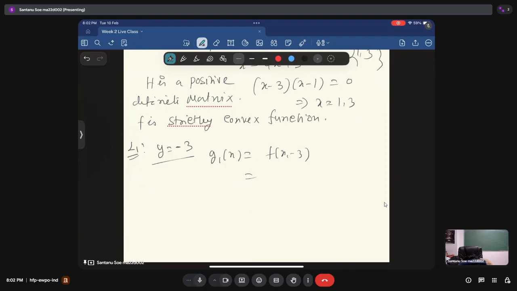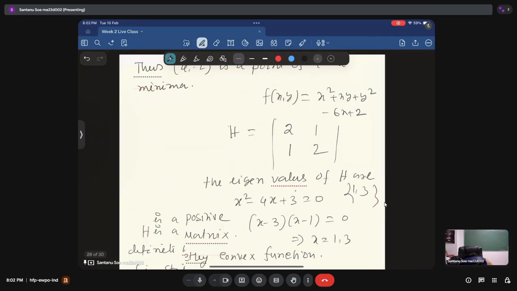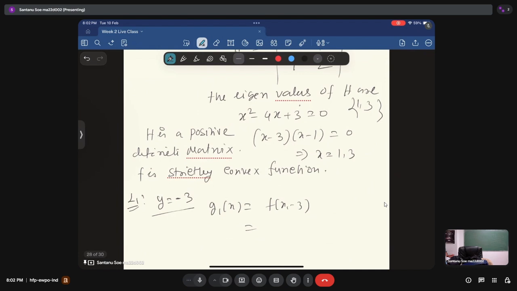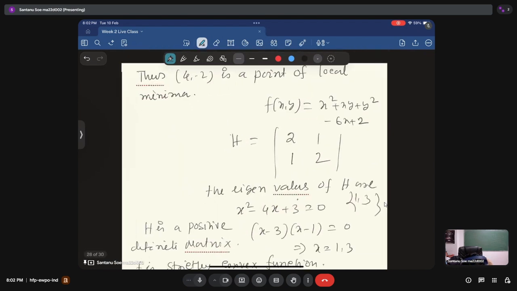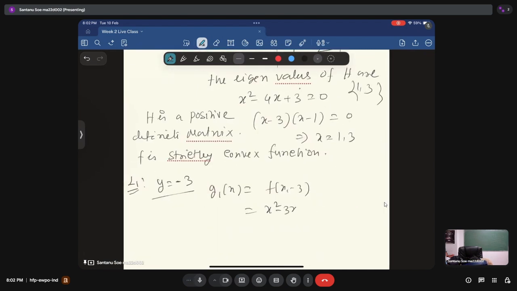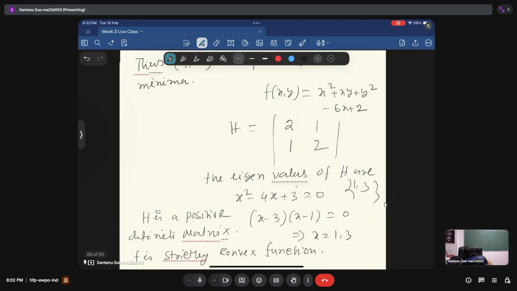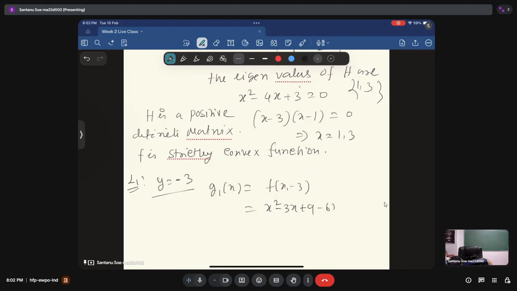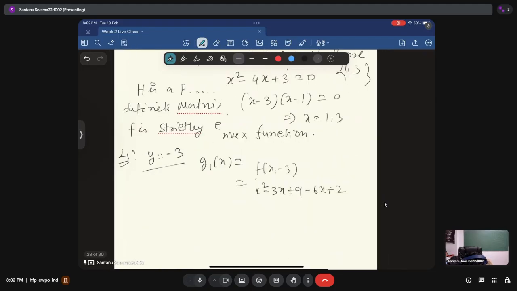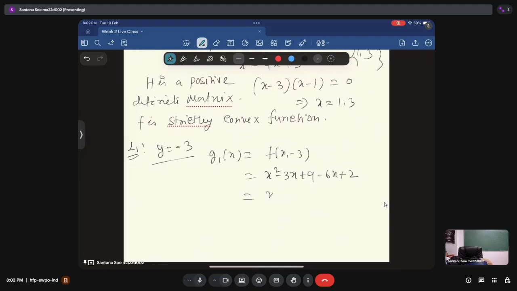So this will be x squared plus xy, so it will be minus 3x, plus 9, minus 6x plus 2. So this will be x squared minus 9x plus 11.